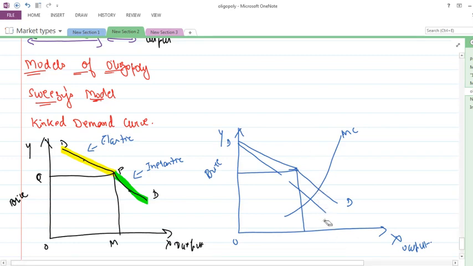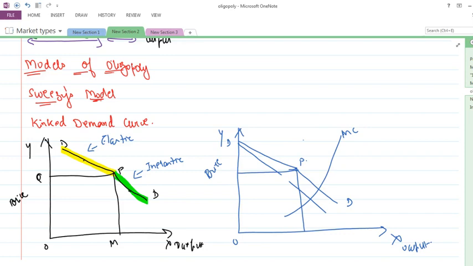If he reduces the price below this point, he will not be able to survive in the market. So he will neither be increasing nor decreasing the price. The price remains constant at this level only, because there will always be an attempt to maintain the status quo.